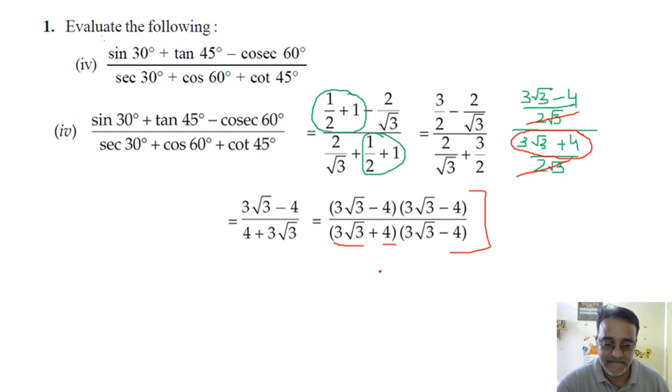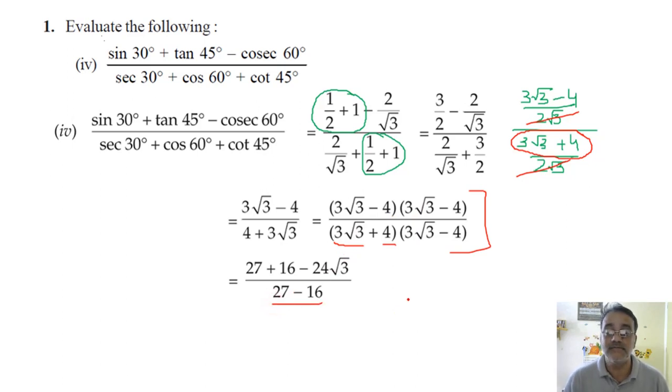What is 4 square? 16. Okay, fine. So we'll get 27 plus 16 minus 24 root 3 in the numerator, and in the denominator we get 27 minus 16. Any doubt?